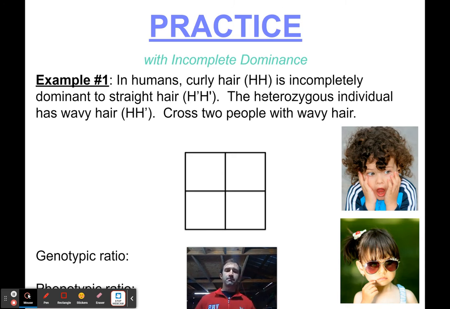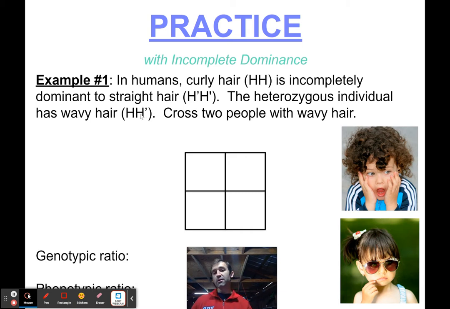So in humans, curly hair, which is going to be represented by big H, is incompletely dominant to straight hair, which is going to be that phenotype, the physical characteristic of straight hair, represented by the genotype H asterisk H asterisk. The heterozygous individual has wavy hair, so big H big H asterisk.